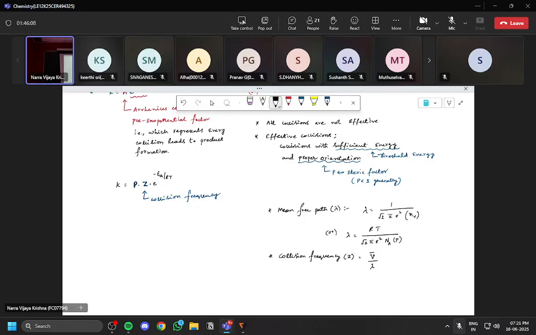If with one lambda we get one collision, then the total number of collisions possible is the reciprocal of lambda.